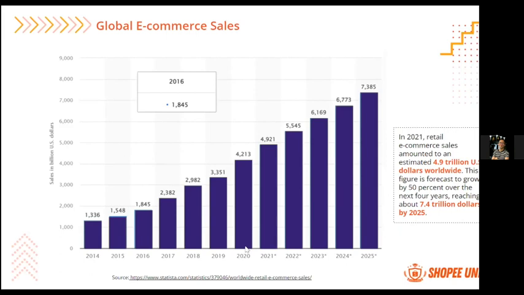And by 2025, it will be 7.4 trillion dollars. Right now, in 2022, it's already 5 trillion US dollars. So the world of e-commerce is very exciting.